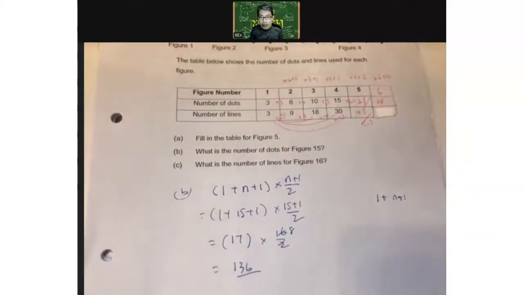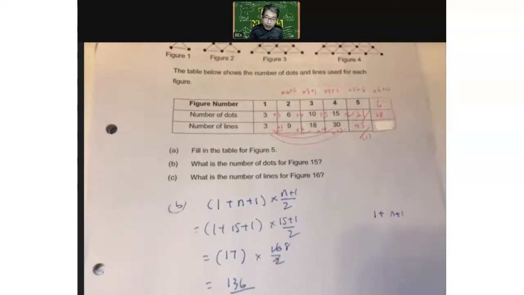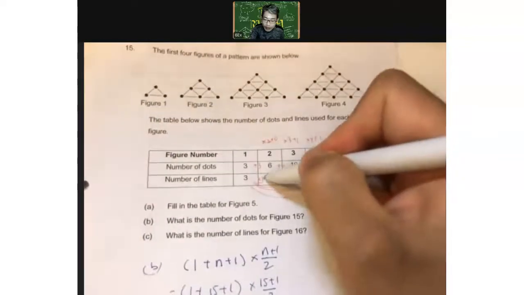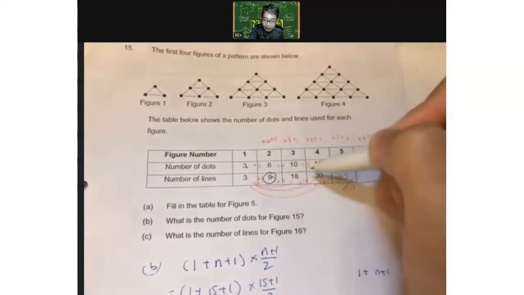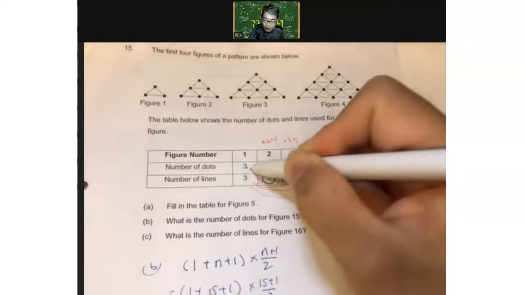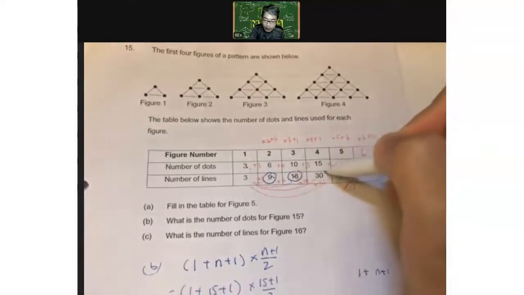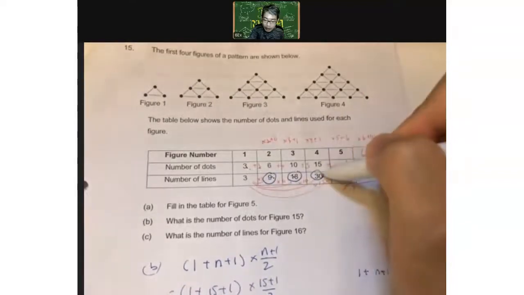Now part C, what's the number of lines for figure 16? Now what you notice here is this. To get this number 9 for number of lines, it's actually 3 times 3, right? To get this, 3 times 6. To get this, 3 times 10.